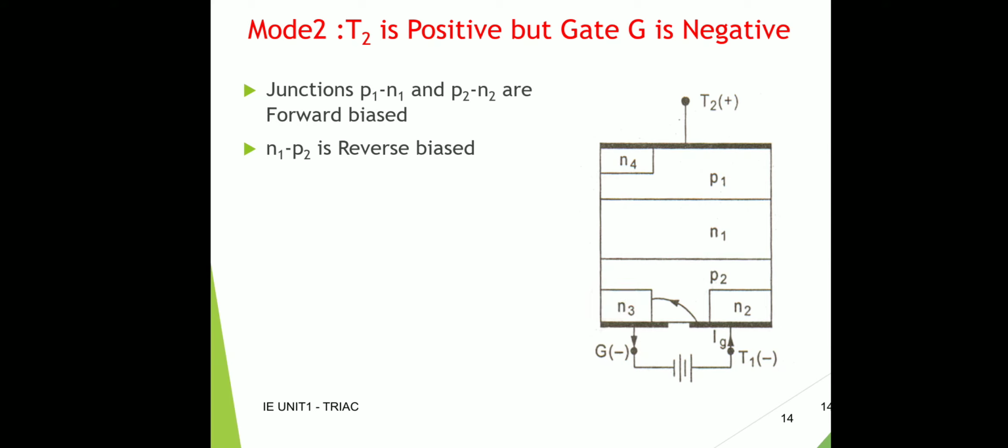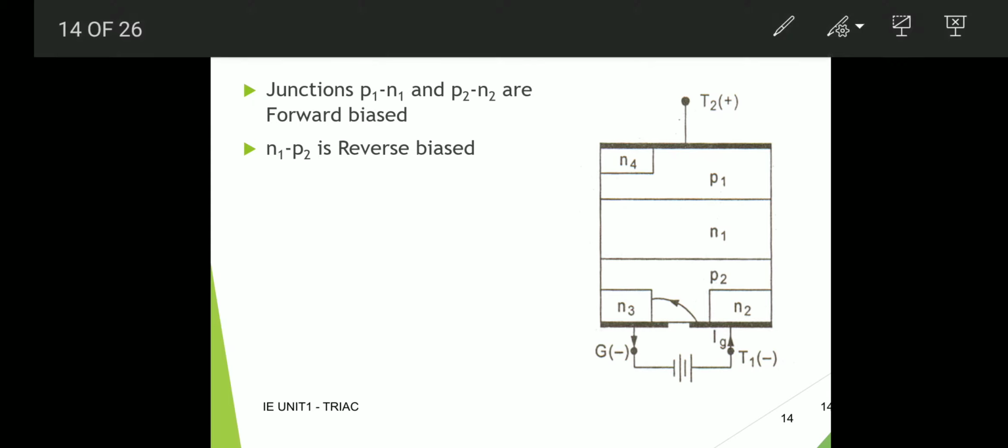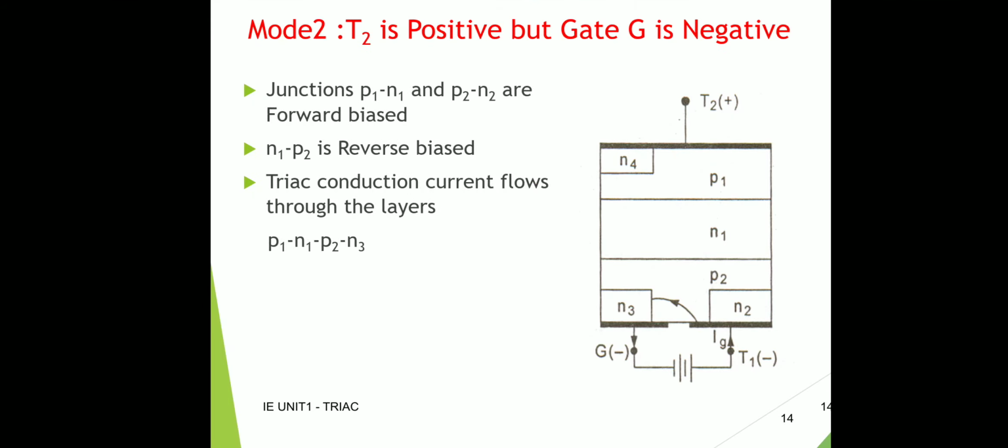That means the conduction is through P1 N1 P2 N2. When P2 N2 is forward biased, N2 injects electrons, the carriers, into N1.